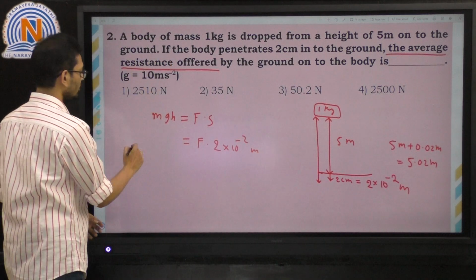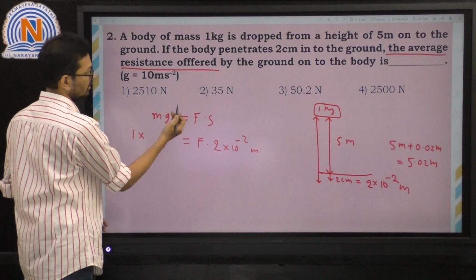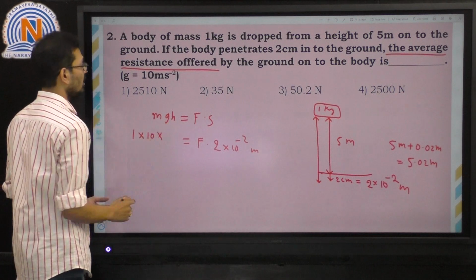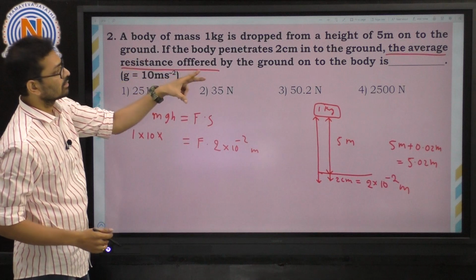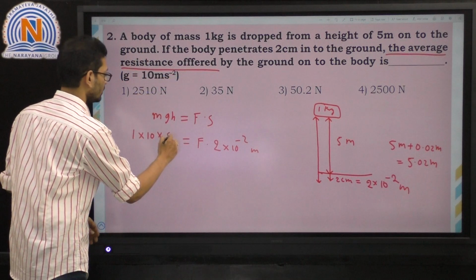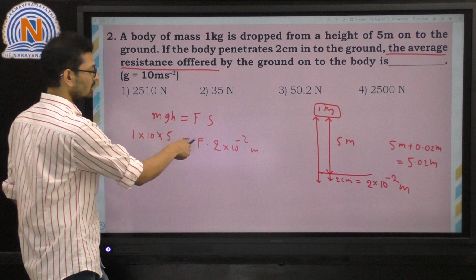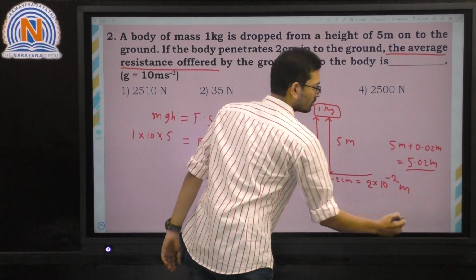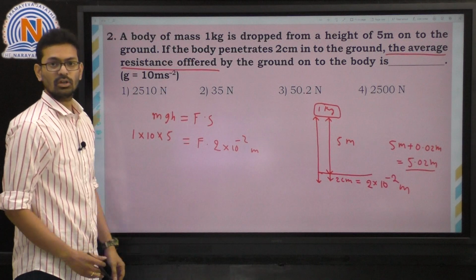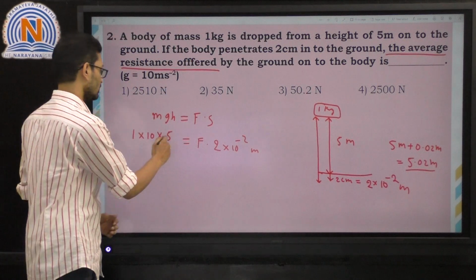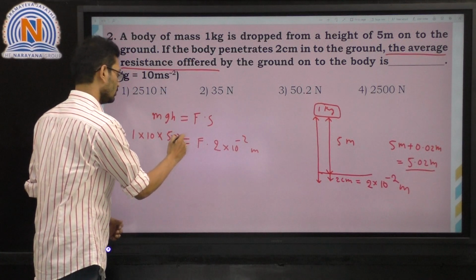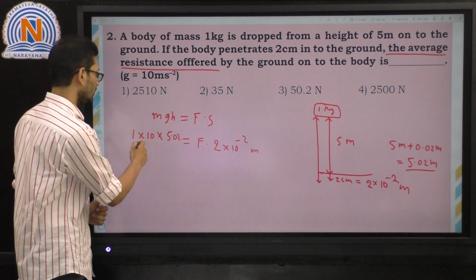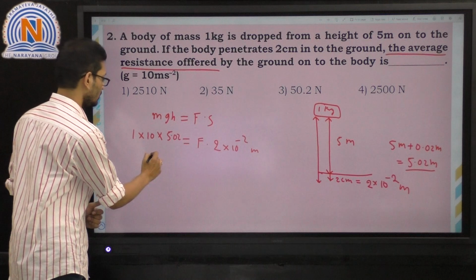Here m is 1, g I will take as 10, into height. This height is the total height, so I am going to take 5.02 meters as my total height.